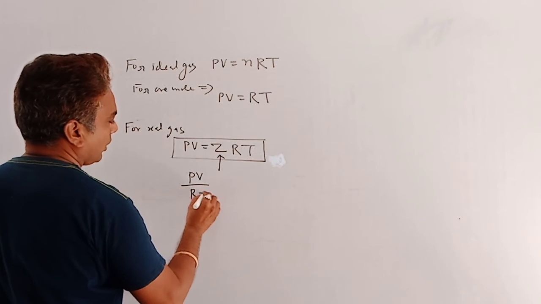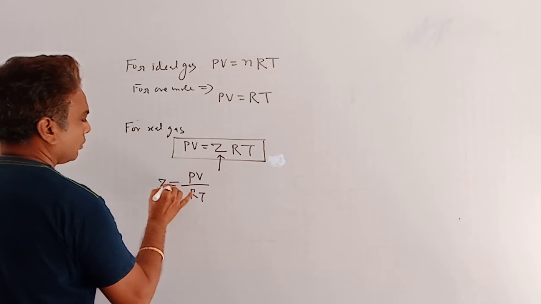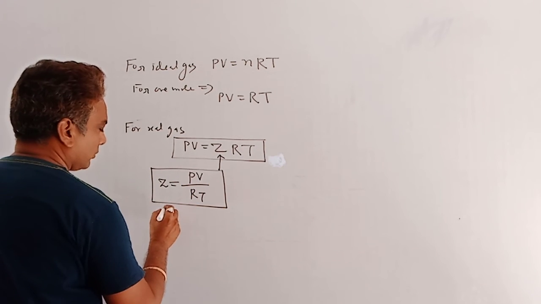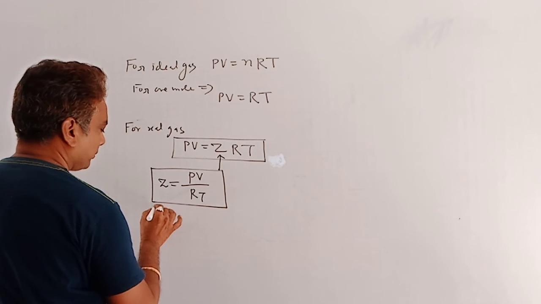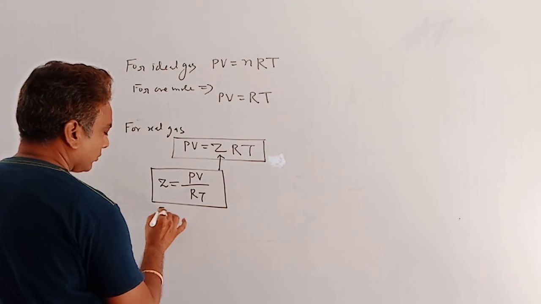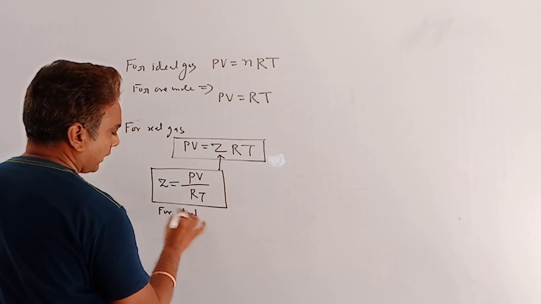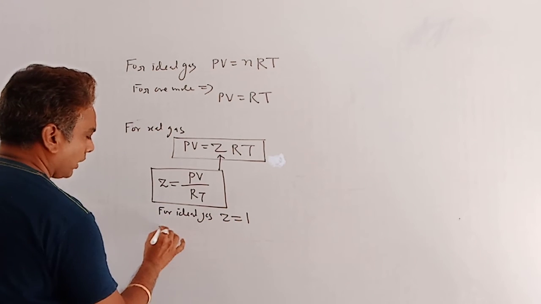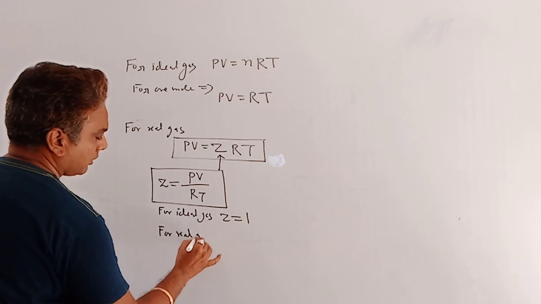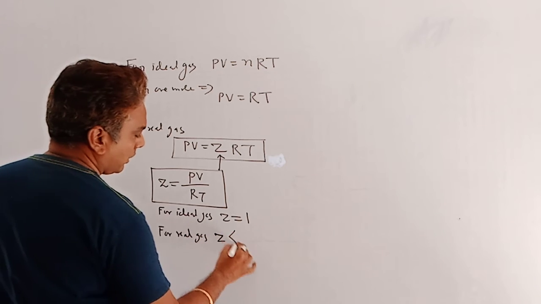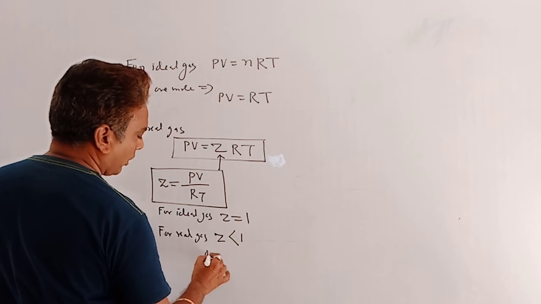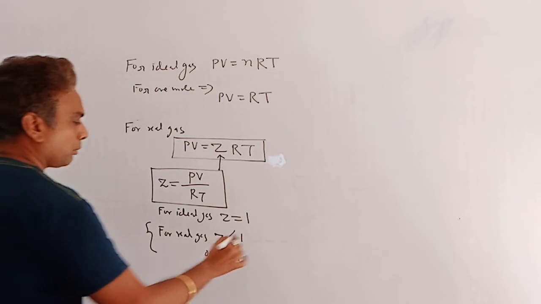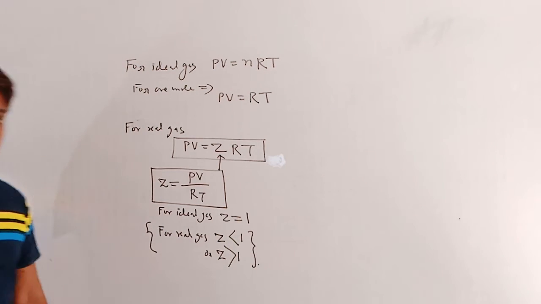So PV upon RT is equal to Z. The value of Z for ideal gas is equal to 1, while for real gas Z is less than 1 or Z is greater than 1, depending upon the condition of pressure.